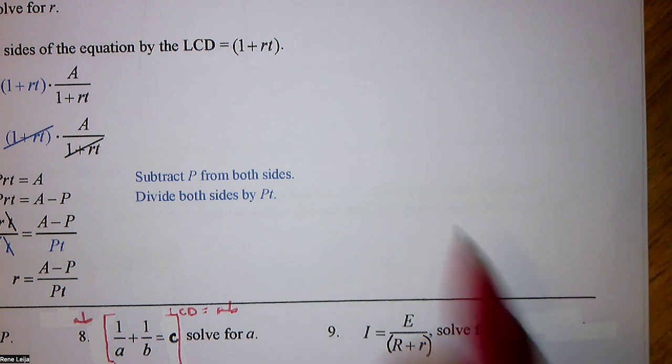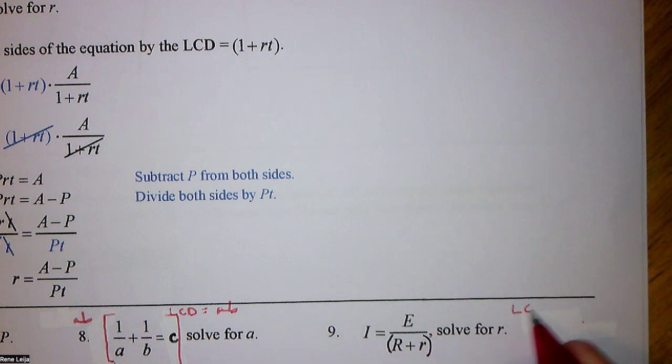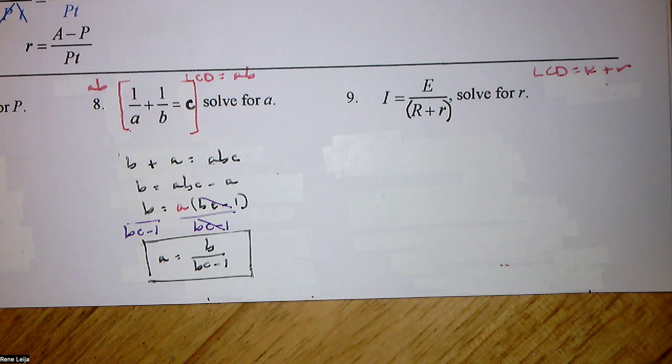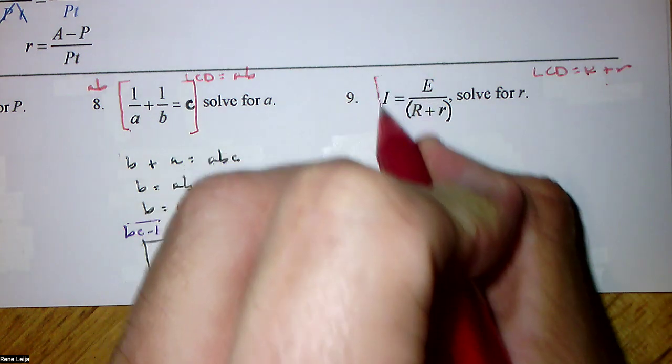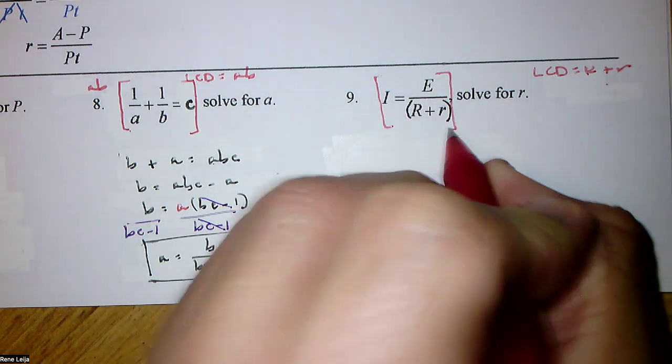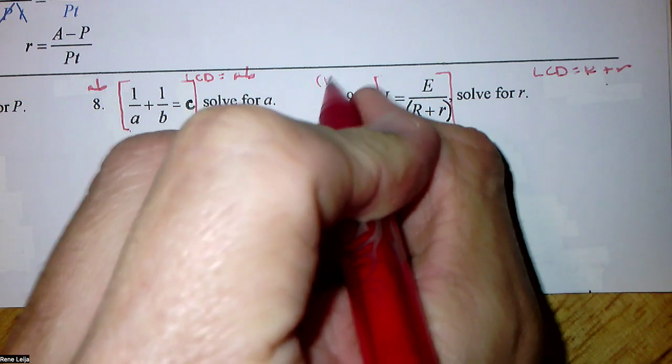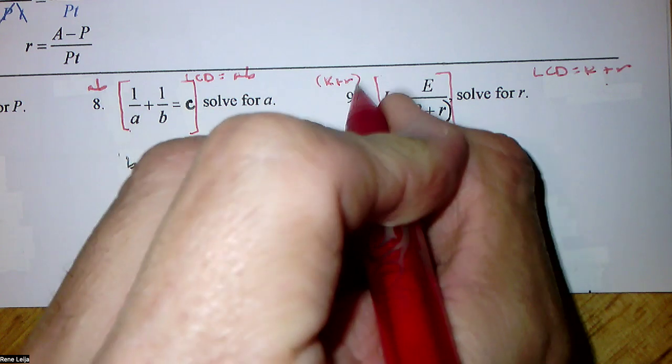So that means, since I have one fraction, my LCD is big R plus little r. So I'm going to multiply both sides by big R plus little r.